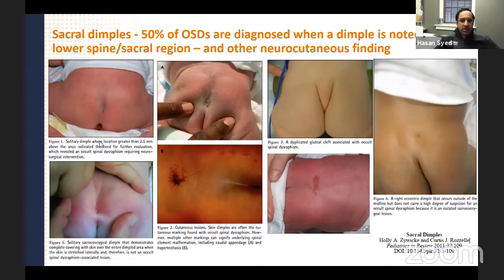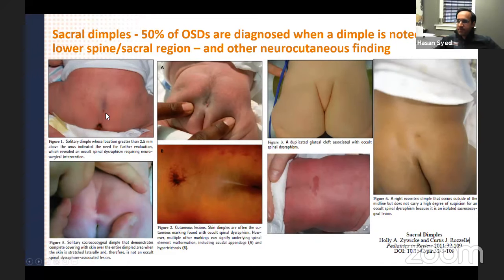So this is a good article by Curtis Rosell, who's also a neurosurgeon in Alabama, published, I think, in the early 2000s. These are all examples of abnormal dimples or findings that represent occult spinal dysraphism.